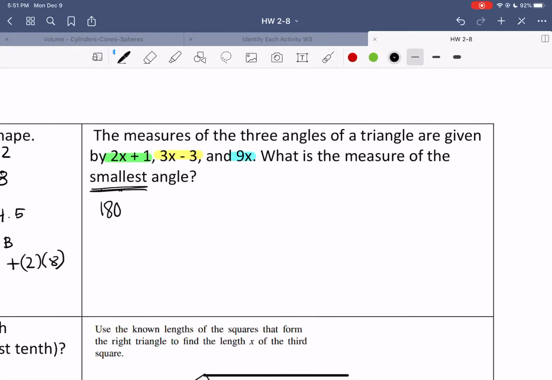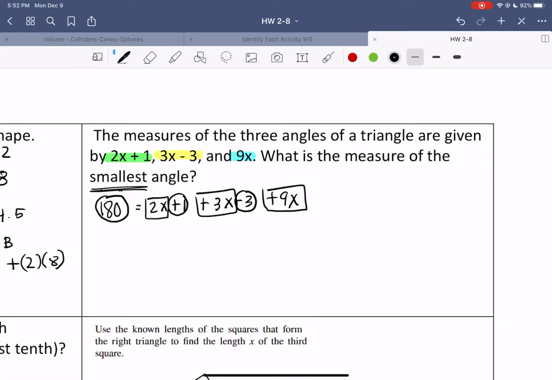So 180 degrees equals 2x plus 1 plus 3x minus 3 plus 9x. I'm going to box variables and circle constants, then solve for x.